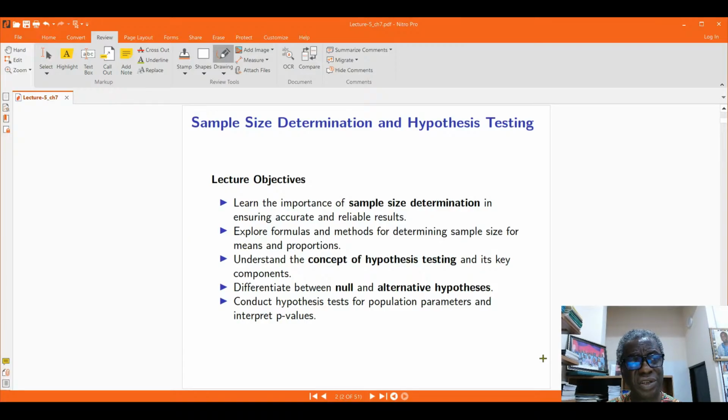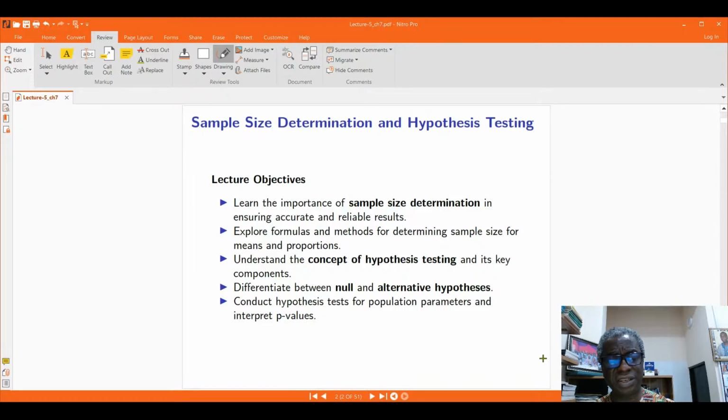Hypothesis testing, on the other hand, provides a systematic way to make decisions about population parameters based on the sample data. So we are going to explore these two broad concepts: sample size determination and hypothesis testing.